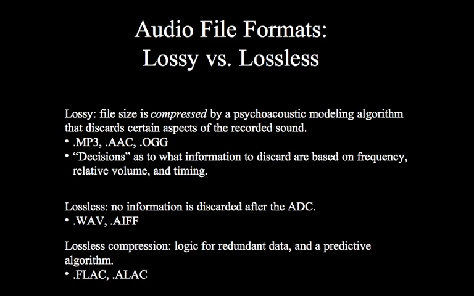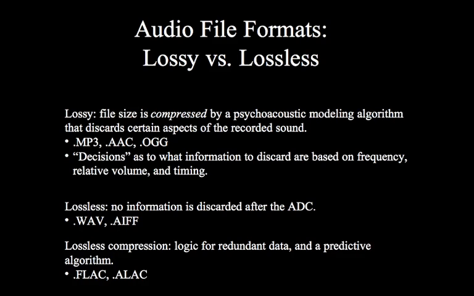There are algorithms that can look at the sound wave and make decisions about what is the most important information in the sound wave and what is the least important information. So what can we get rid of and still have it sound basically like what it originally was?